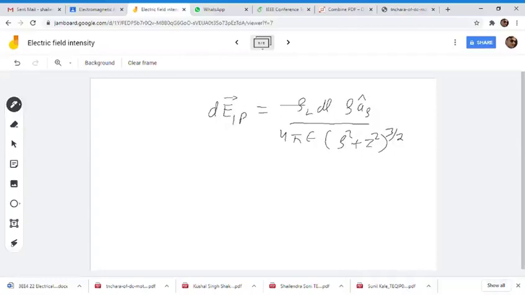So just integrate this thing from 0 to infinity.